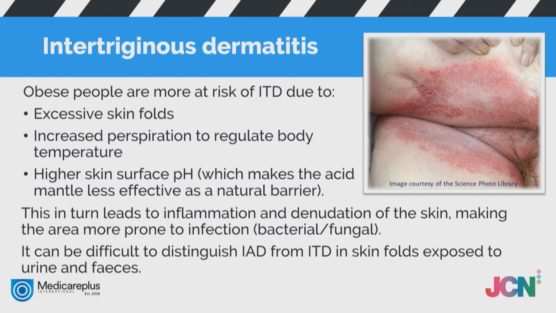This damage in turn leads to inflammation and again a denudation of the skin, exposing the dermis, stripping off the epidermis, making the area much more prone to infection, either bacterial or fungal, as those commensals or microorganisms will be held within those skin folds, so much more likely to proliferate.